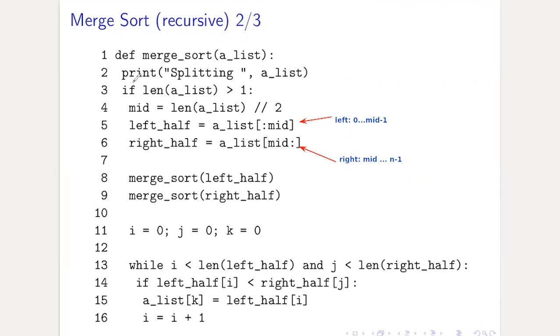So, split, let me note it down. You can do the split only if the length is greater than 1, otherwise you can't split. If length is greater than 1, split, then do the merge sort on the left hand side and right hand side. These are recursive calls. Then do the merging. This is where you do the merging.